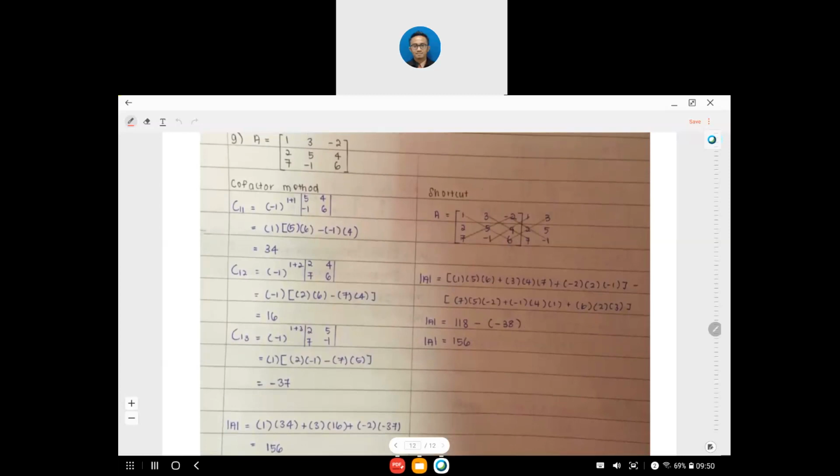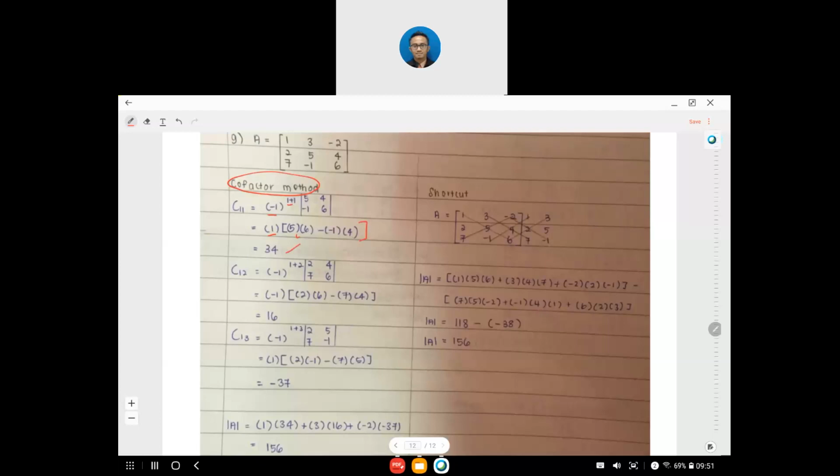By using cofactor method, okay, C11, negative 1, the power of 2 is 1 because the power of even number. 5 times 6 minus negative 1 times 4, so it becomes 30 plus 4, 34.